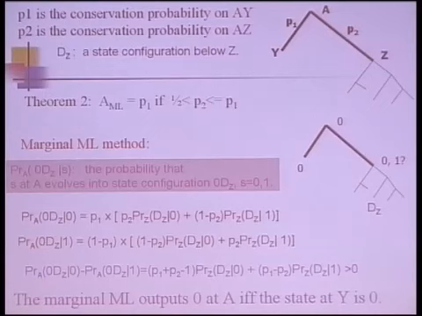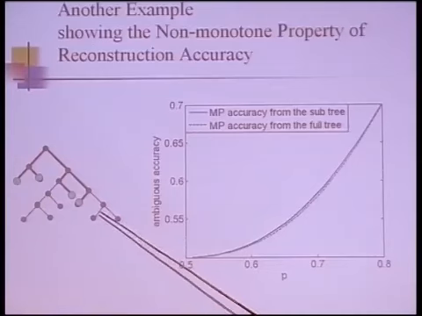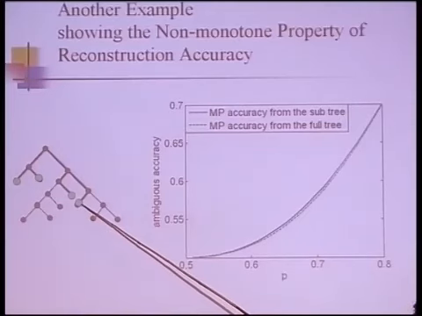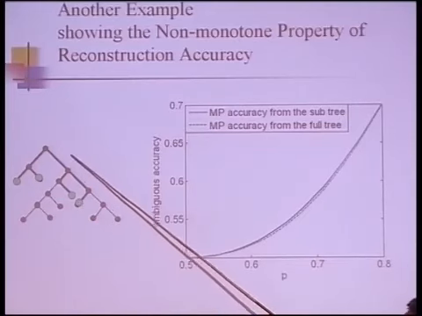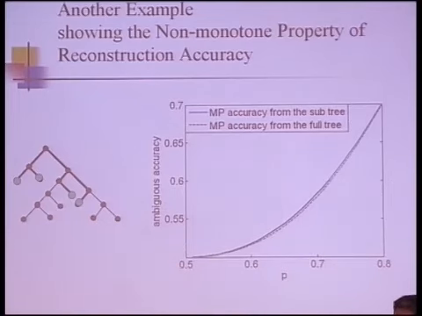Here is another example to show that using fewer leaves to reconstruct the state at the root is better than using all the leaves. This is only true for the parsimony method. For the maximum likelihood, using all the leaves is a little bit better.